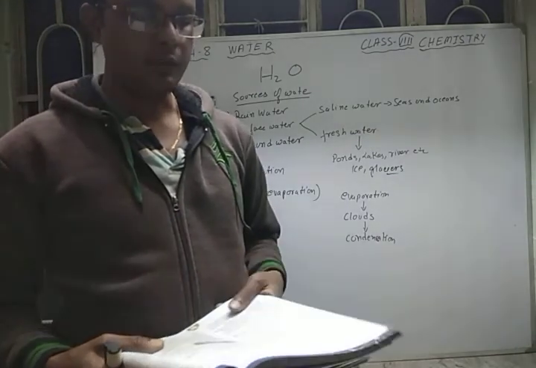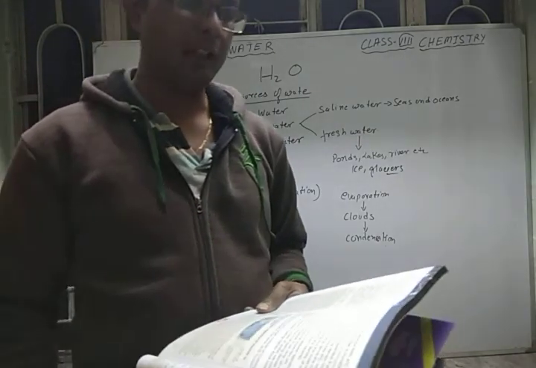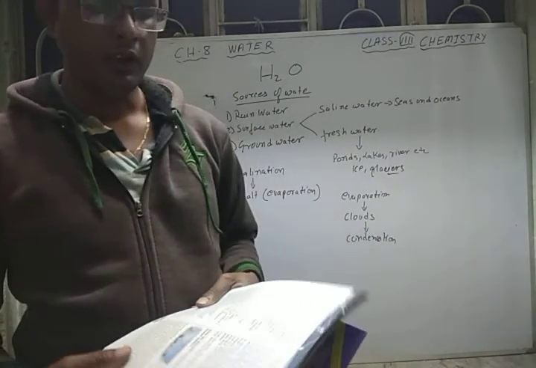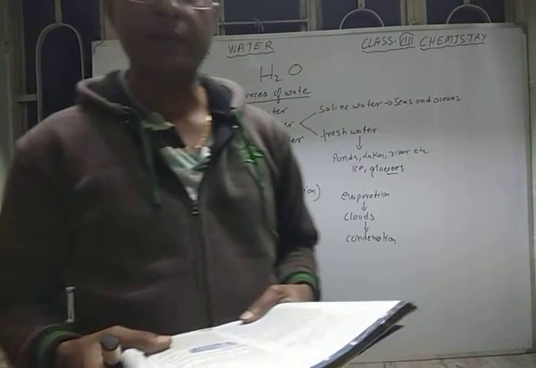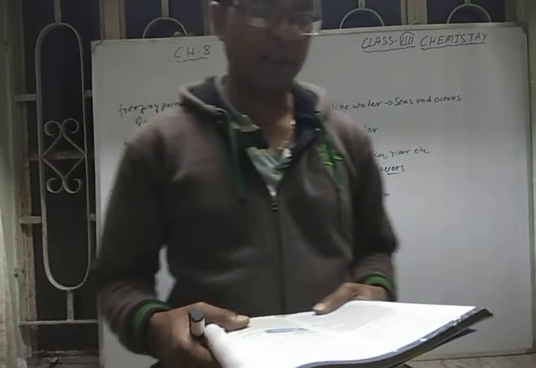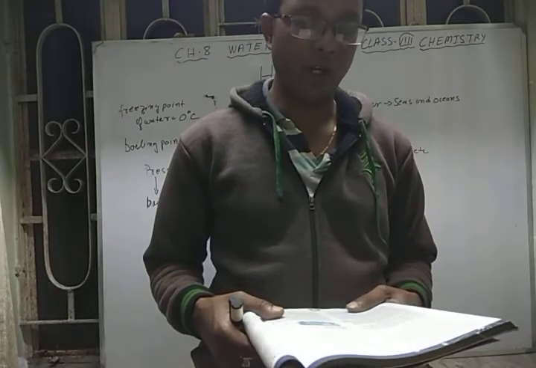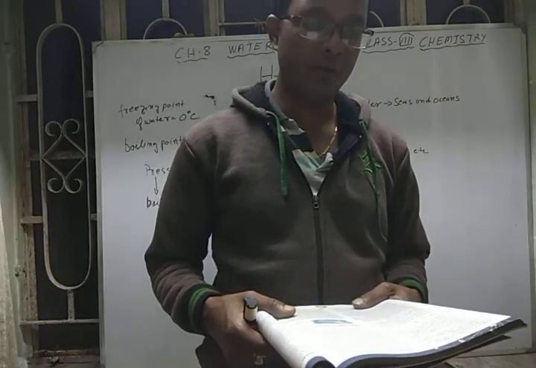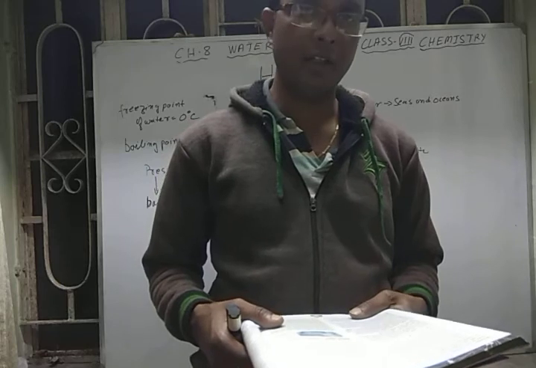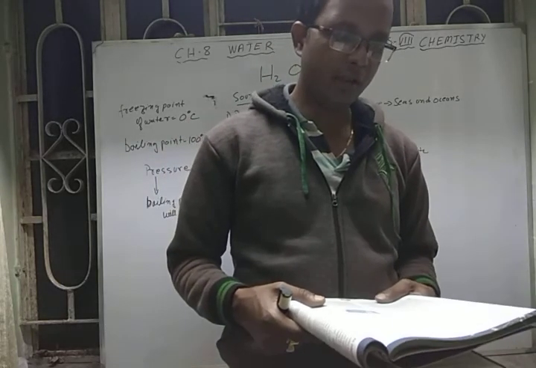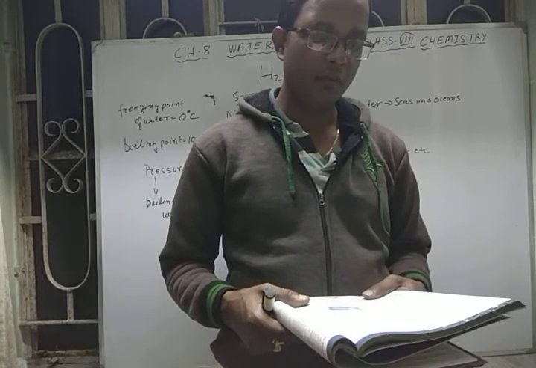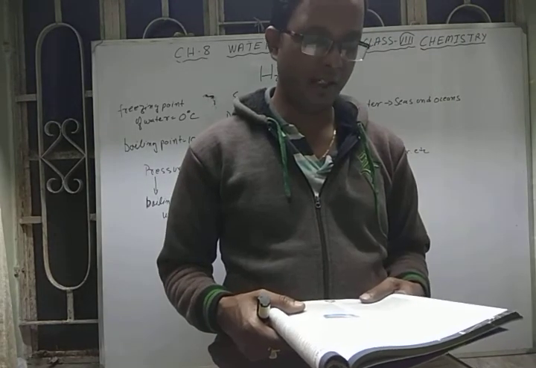The next point is that water has a high specific heat and latent heat, which you will study in your physics heat chapter. So what is specific heat? Specific heat of a substance is the amount of heat required to raise the temperature of unit mass of the substance by 1 degree Celsius. Latent heat of a substance is the amount of heat required to change its state.